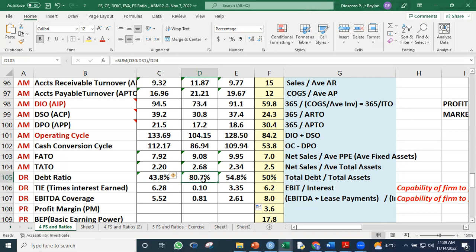If there's a good project that they want to invest in, baka mahirapan na silang humiram kasi medyo leverage na sila, di ba? Highly leverage. 80 sa bawat 100 pesos ng assets nila, 80 pesos of that is financed by creditors, yung mga nagpapautang, and around 20% lang yung financed by the owners of the business.